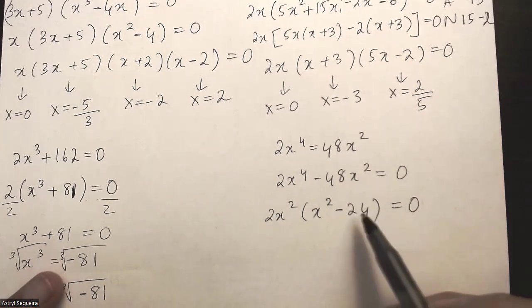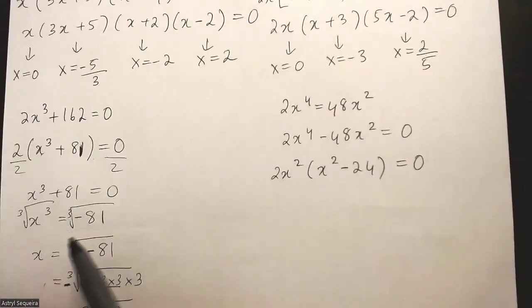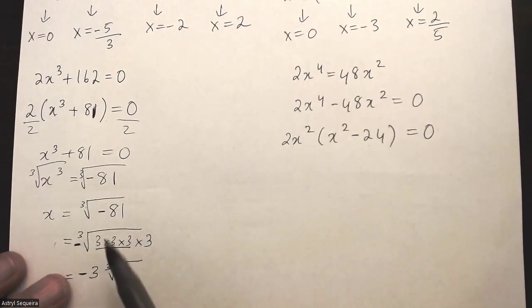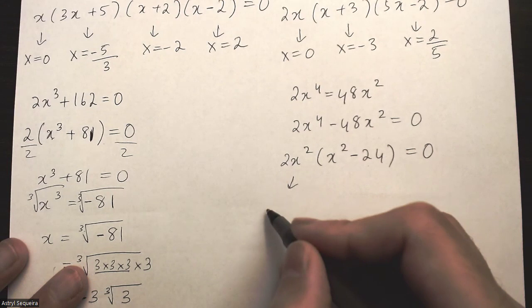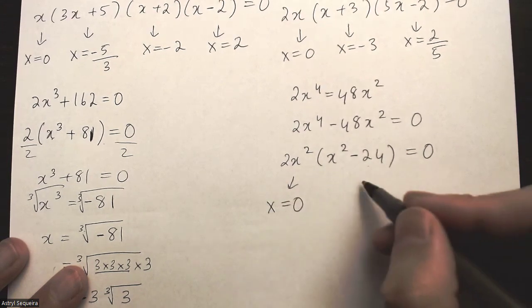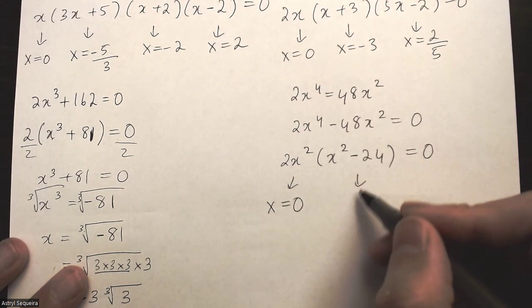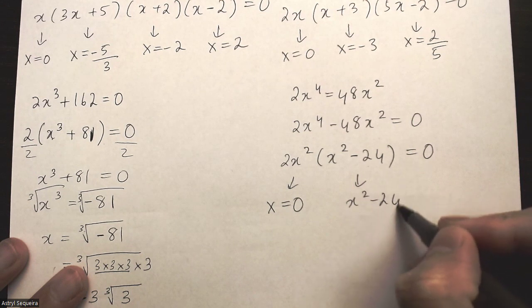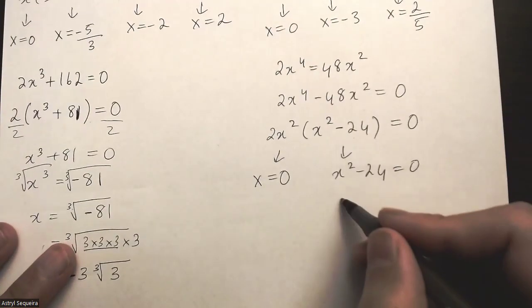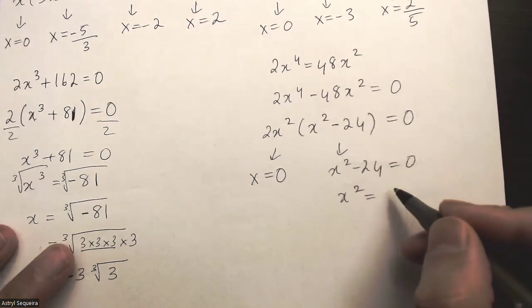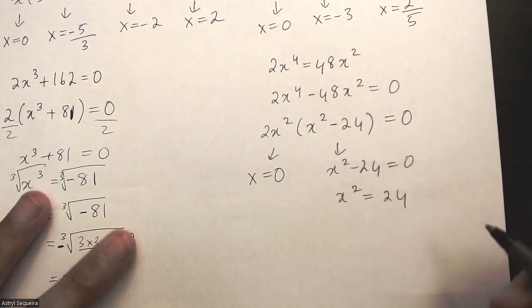Again, I can't really difference of squares this, so I'm going to solve it in the same way that I solved this one over here. My solution is x equals 0. Over here, it's going to be x squared minus 24 equals 0. Move that to the other side, so x squared equals 24.